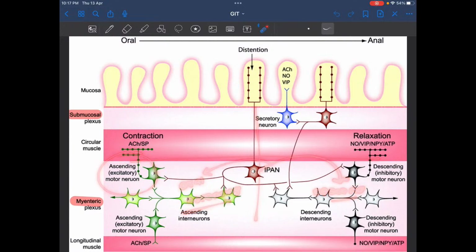Ascending motor neurons को excite कराएगा so that they release excitatory neurotransmitters, which were the acetylcholine and substance P. Okay, so that they can contract and push this bolus of food forwards. And what about the दूसरा ones? So this intrinsic primary afferent neuron is going to inhibit the descending motor neurons. Okay, so इसके कारण क्या होगा? There's going to be a receptive relaxation via which neurotransmitters? Mainly it is nitric oxide and vasoactive intestinal peptide.